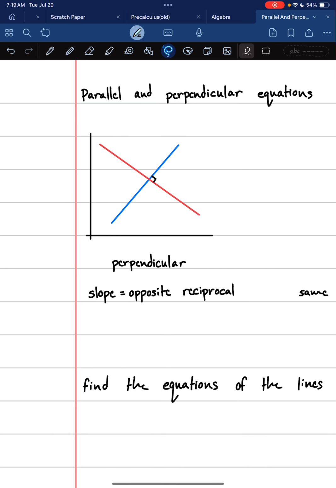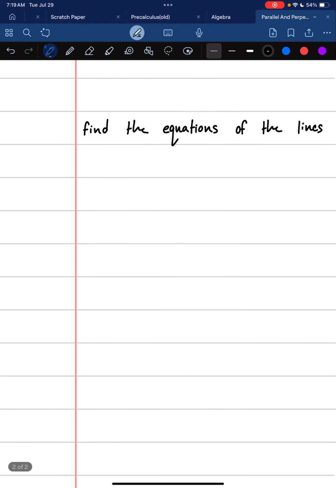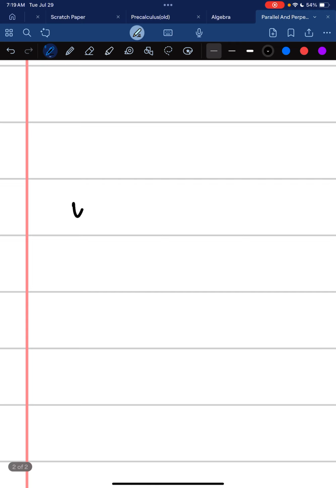For perpendicular equations, your slope is going to be the opposite reciprocal of your original equation. For example, if I have the equation y is equal to 1/2 x plus 5, we know that this is written in slope-intercept form, where 1/2 is my slope. If I want the equation of the line that's perpendicular to this, I want the opposite reciprocal of this slope.